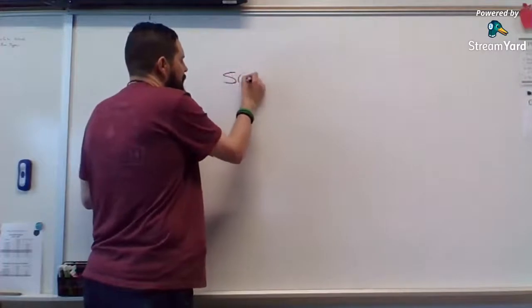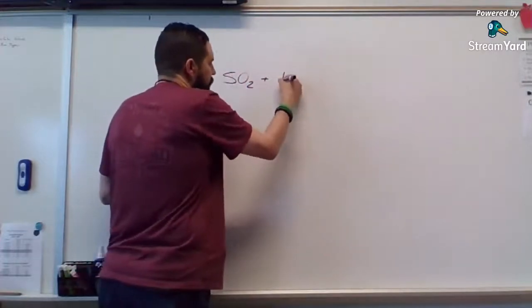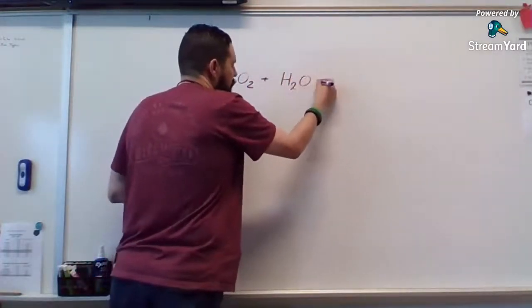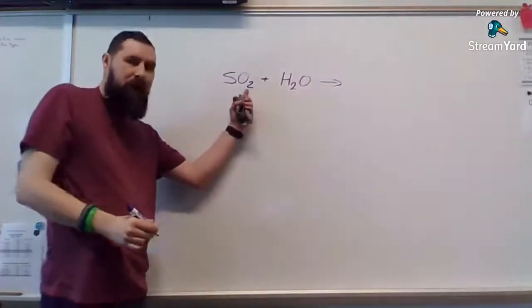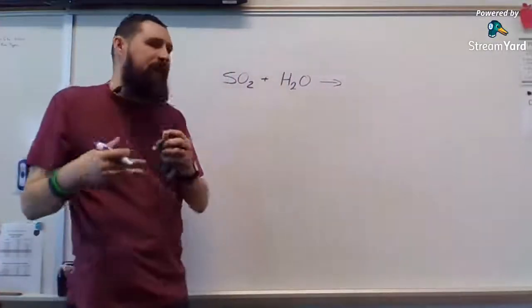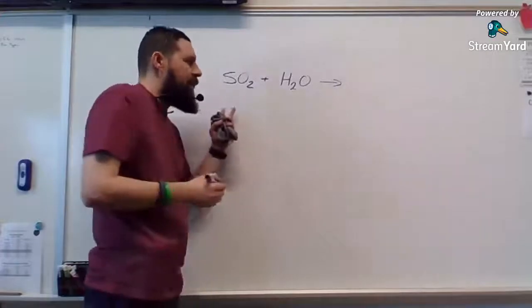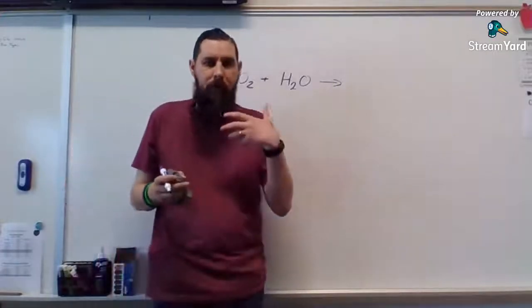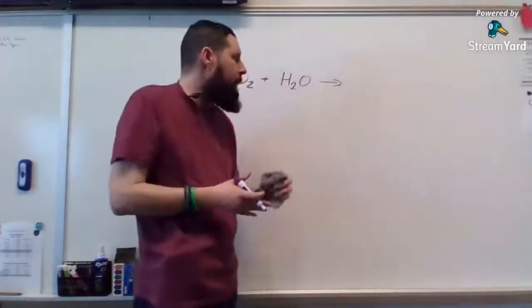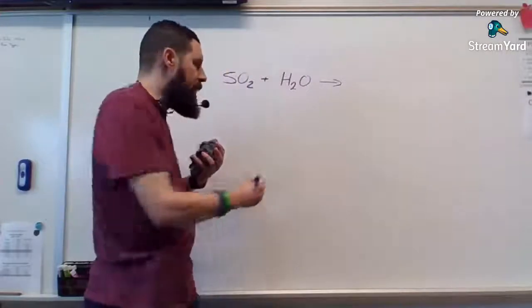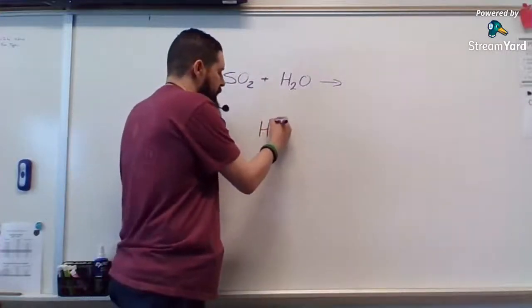But let's take something like SO2 reacting with water. So my non-metal oxide. Because this produces an oxyacid, we know that our first component has to be hydrogen.